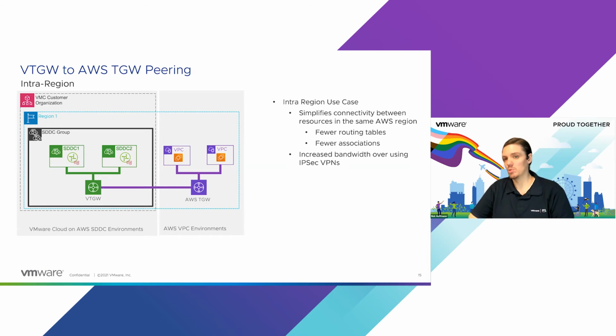Quite a few customers were asking for this. In the past, you were already able to interconnect your SDDC straight into your TGW using VPNs. But as Fabio already mentioned earlier, we have the constraints with bandwidth limitations. So with this concept, we're increasing the bandwidth which you can use, and it's way faster because it's using the backend of AWS, and there's no need to have that through VPN attachments as such.